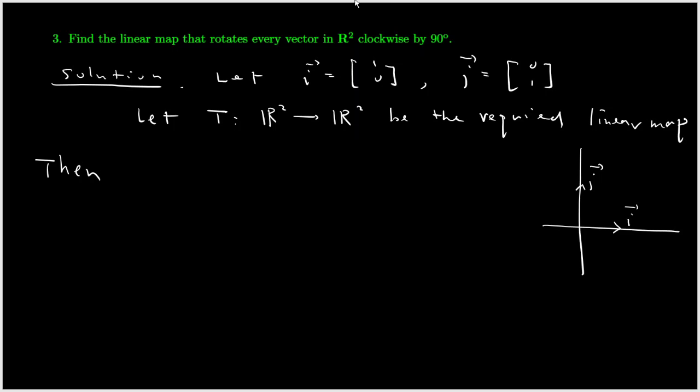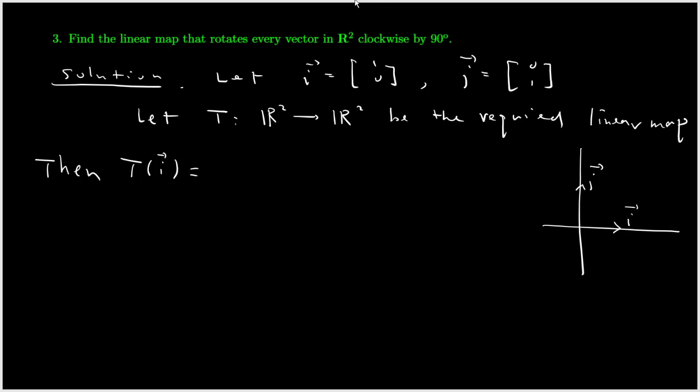Now you look at T. T is a linear map that rotates every vector clockwise by 90 degrees. So by that we mean, can anybody tell me the output of i? The output of i. The output of j is 0, 1, right? I mean 0, -1.